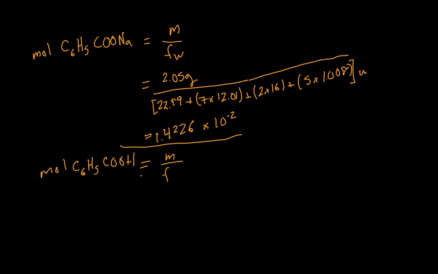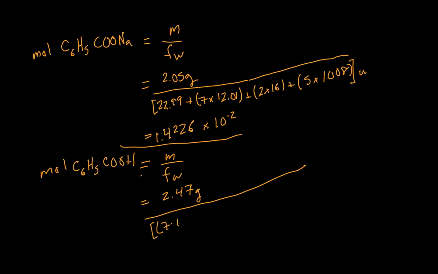Mass over formula weight. And in this case, we had 2.47 grams. So now we have 7 carbons again. Right, 7 by 12.01 plus 2 oxygens.